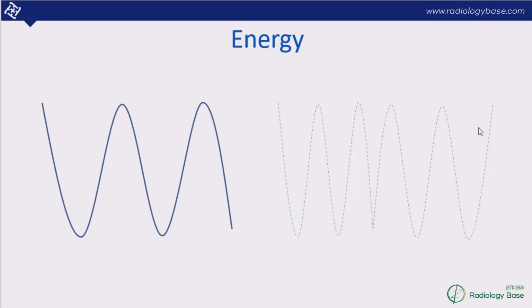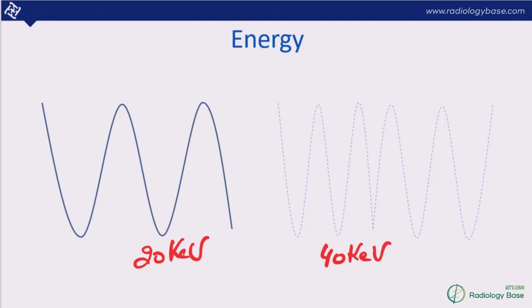To give an idea, this photon might, for example, have an energy of 20 keV, and this is going to be approximately a 40 keV photon.